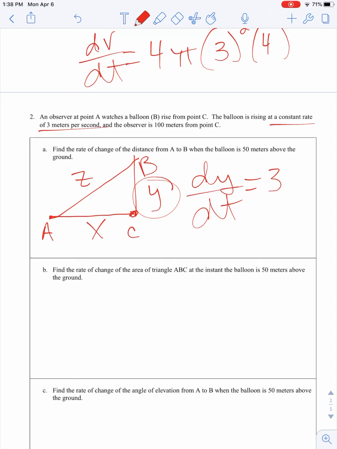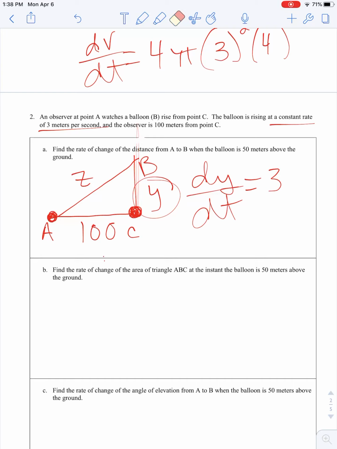Okay, and the observer is 100 meters from point C. So the observer was at A. I'm going to get rid of that x, and I'm going to put a 100. Now think about that. You're sitting here, and here's where the balloon went off from. It's going up. This distance of 100 is never going to change. That stays consistent.